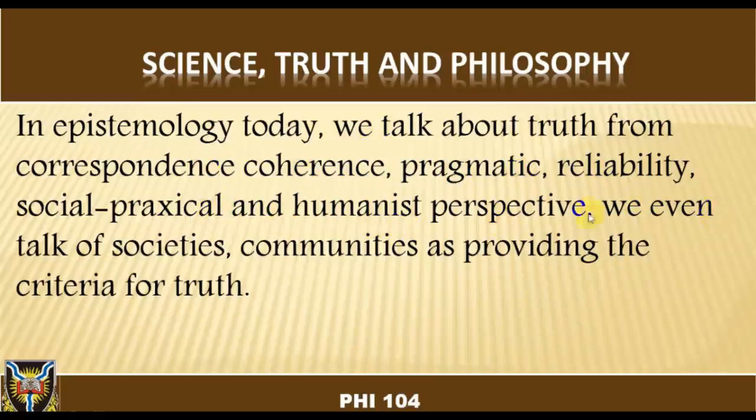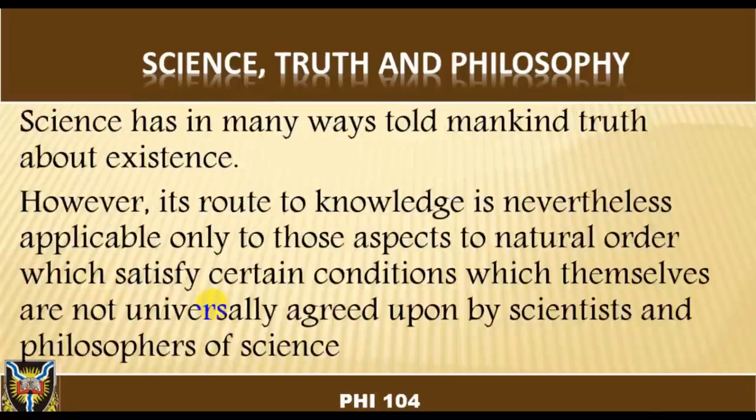We even talk of societies and communities as providing the criteria for truth. However, many scientists have held that truth is a matter of agreement or coherence with other ideas or judgments taken to be acceptable, or as corresponding to fact, as we have in the correspondence theory of truth.